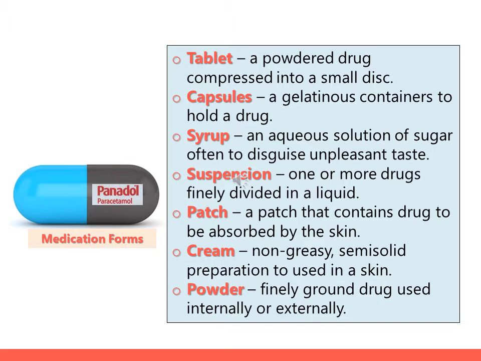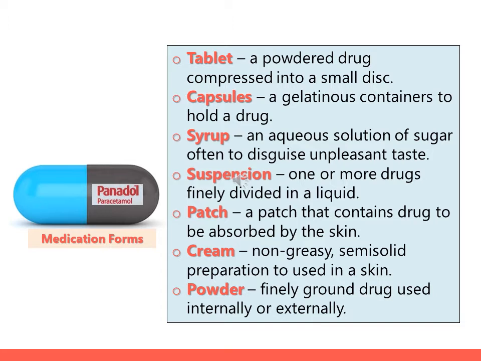Syrup is very common among children, and it is an aqueous solution of sugar, often to disguise unpleasant taste. Normally, it has added flavors because children dislike medication. Suspension is very common. One or more drugs finely divided in a liquid. If you have seen a medication at home and your parents would add a little amount of water to it and shake it, it is a suspension.